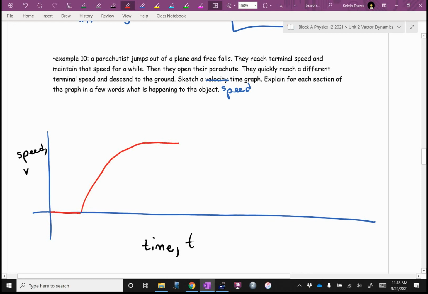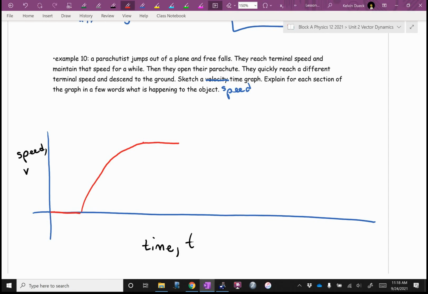And then there's my leveling off terminal velocity for a while. Really quick change in speed, steeper line, and then doesn't change as fast, doesn't change as fast, doesn't change as fast, levels off. I would be in free fall for about 30 seconds, pull my cord. What happens to my speed now? Okay. Does it go to 0?